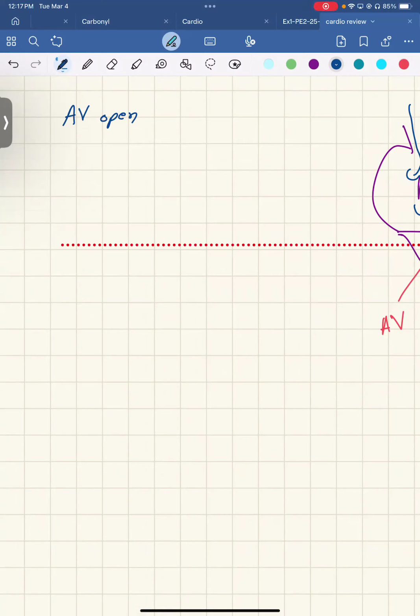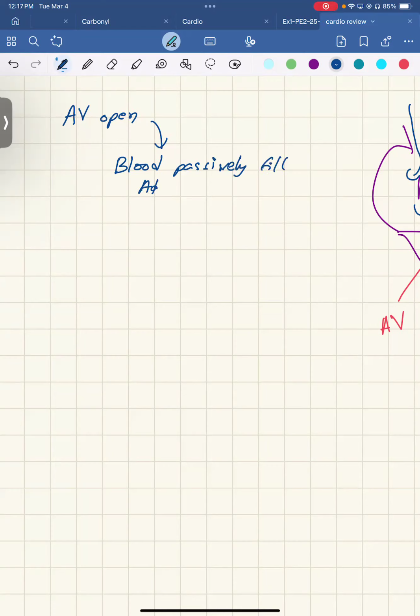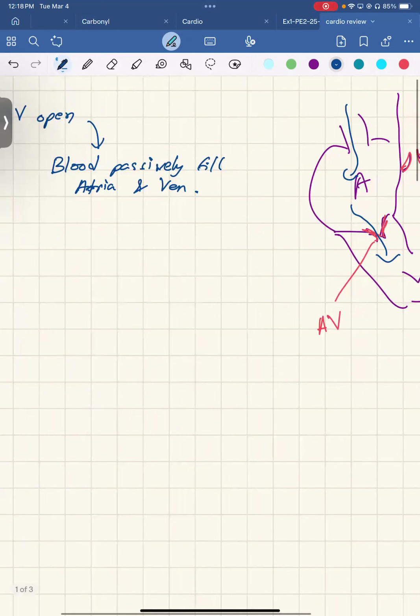But let's start with the AV valve open, which would allow blood to passively fill both chambers, atria and ventricle. If they are relaxed, then that's diastole.